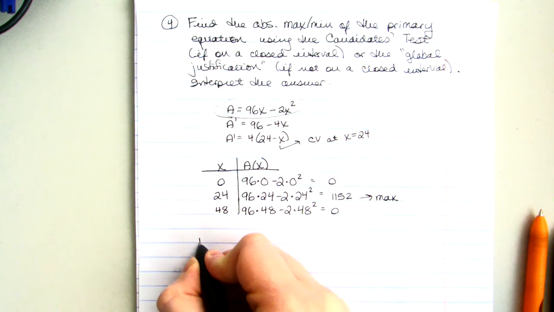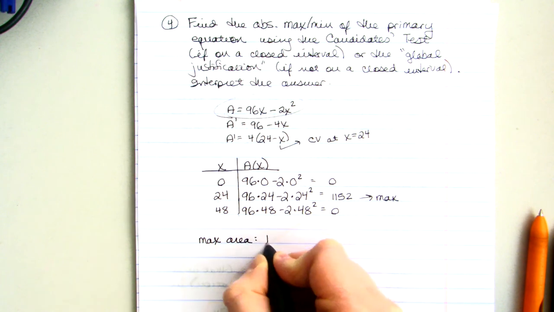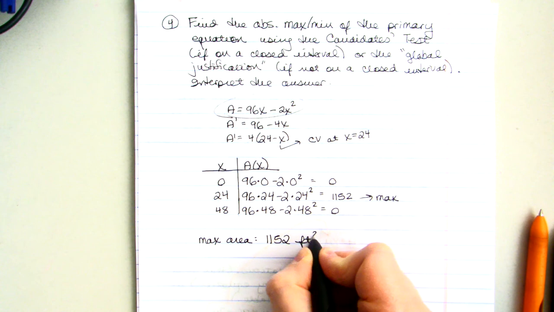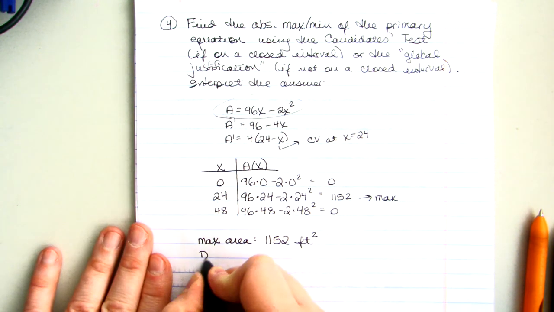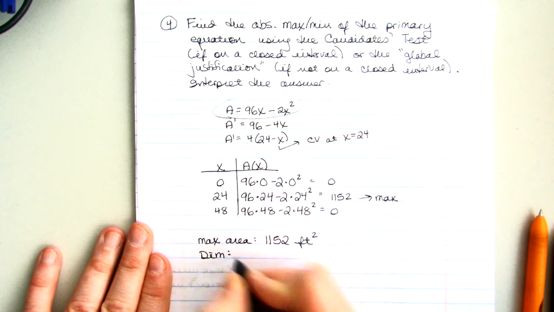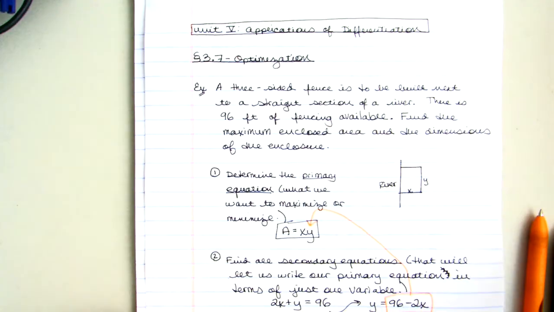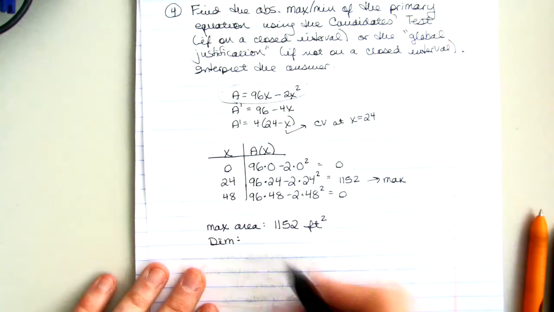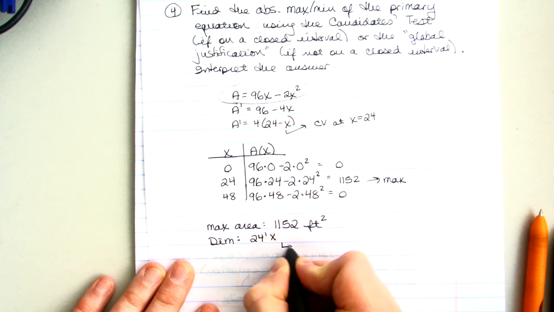We were asked for the maximum area, so we're going to say our maximum area is 1,152 feet squared. I'll put some units on that. We were also asked for the dimensions that lead to that. My dimensions are 24 feet by, well, whatever my y value is.